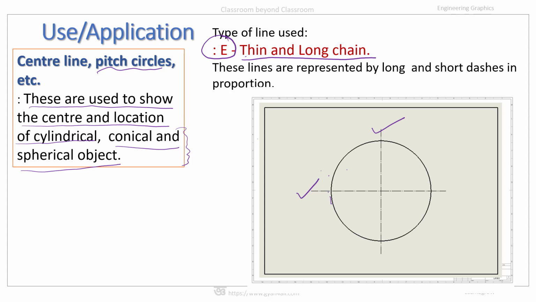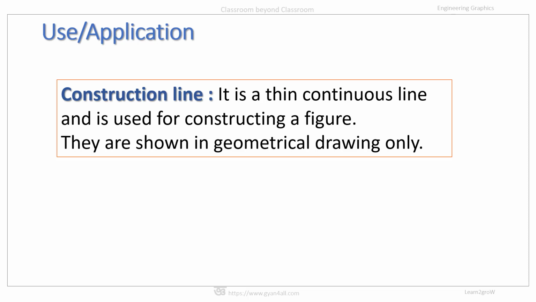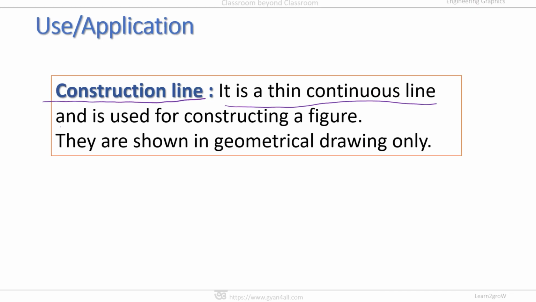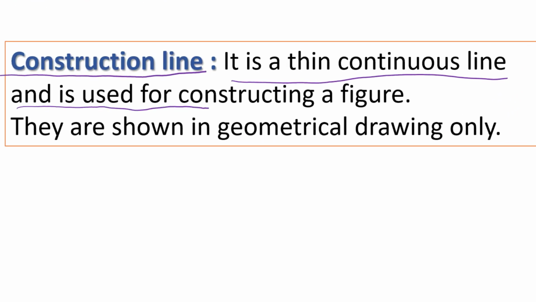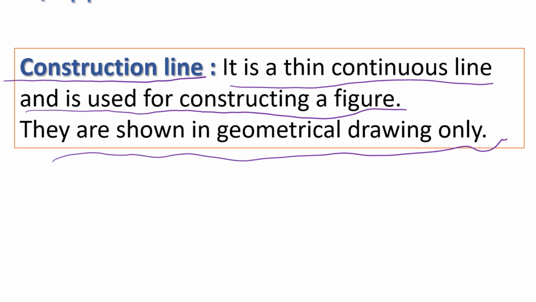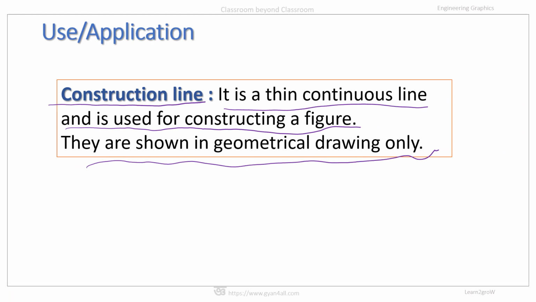Now there is also another line called the construction line. It is a thin continuous line, and this construction line is used for constructing a figure, and they are shown in geometrical drawing only. For geometrical drawing, we have to use the construction line.